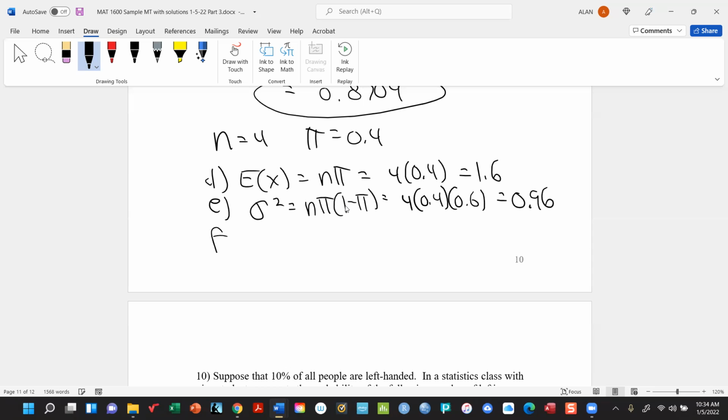And then, of course, the standard deviation, very simply, is the square root of the variance, and that's approximately equal to 0.98. Wow. And that's it.